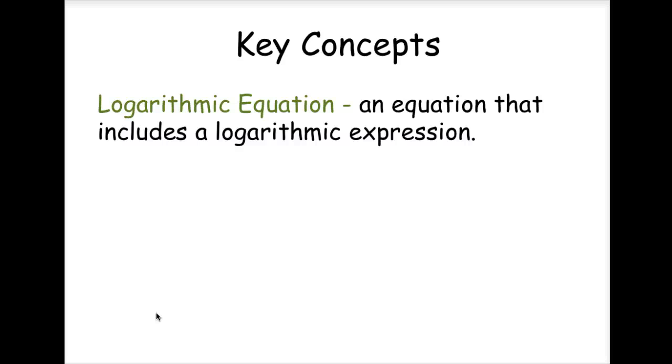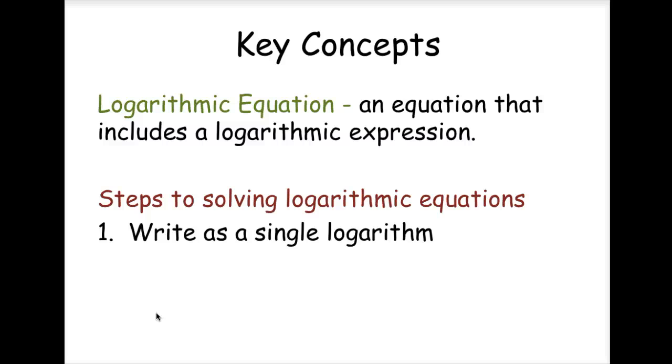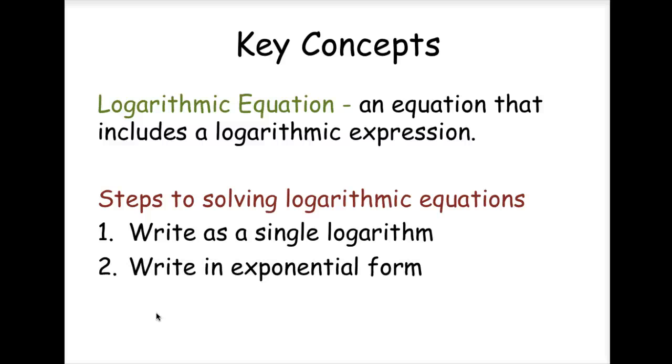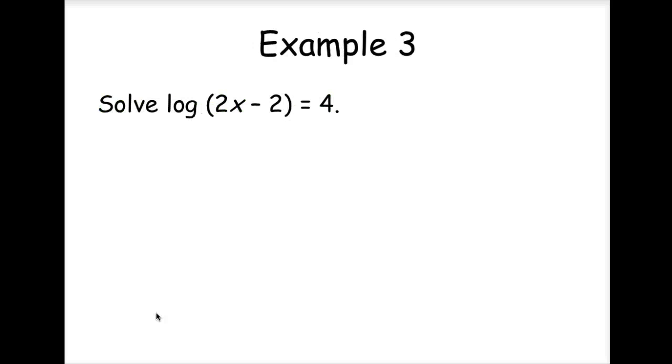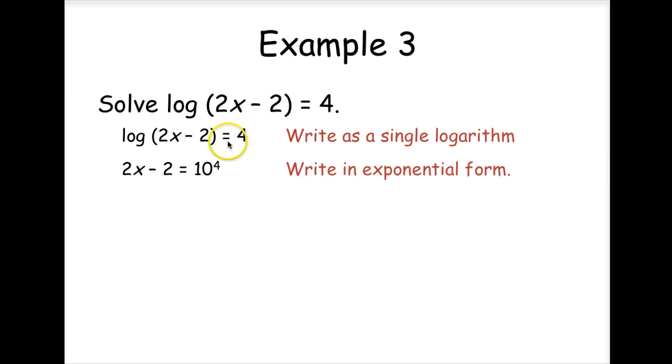Other key concepts: a logarithmic equation is an equation that includes a logarithmic expression. Steps to solving a logarithmic equation are: write it as a single logarithm, write it in exponential form, and then solve it. So we're going to solve log of 2x minus 2 is equal to 4. So let's start by writing it as a single logarithm, which we only have a single here.